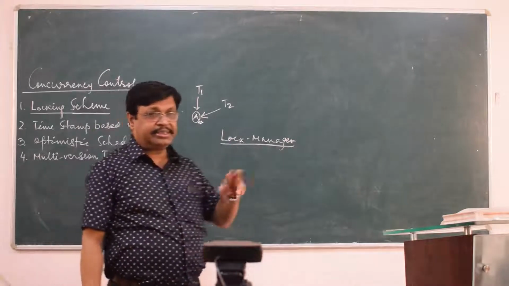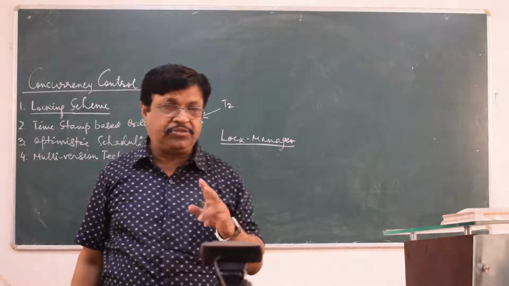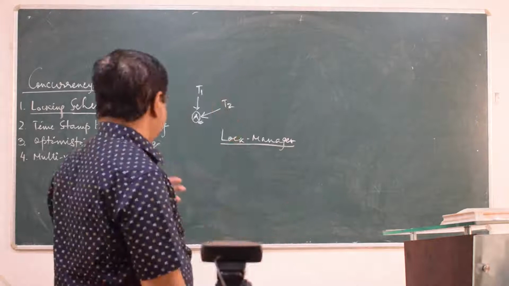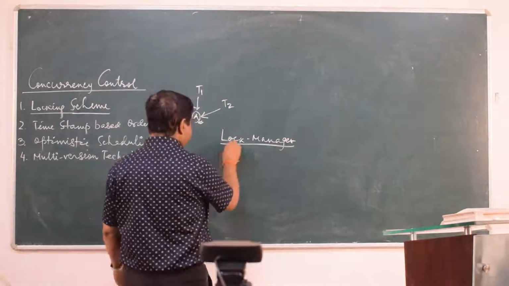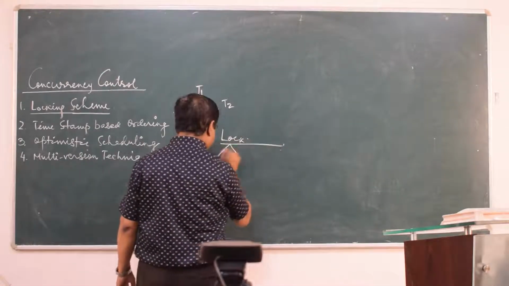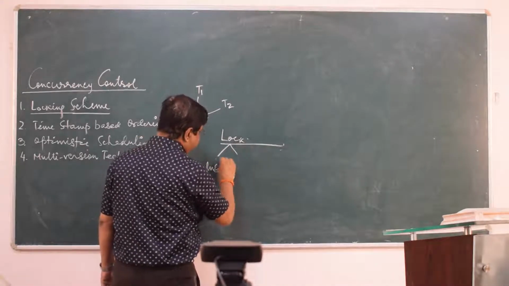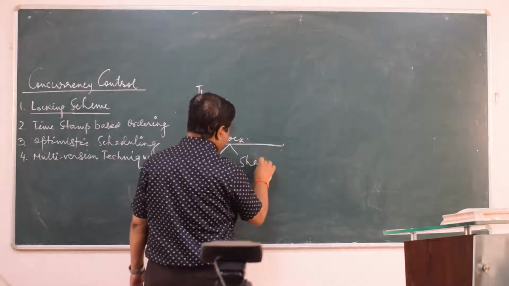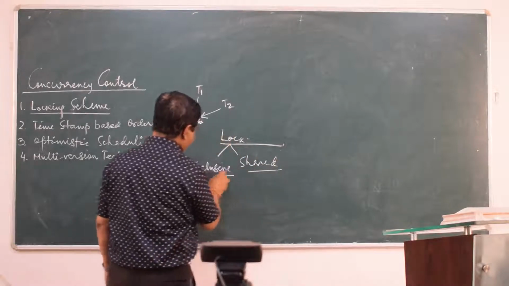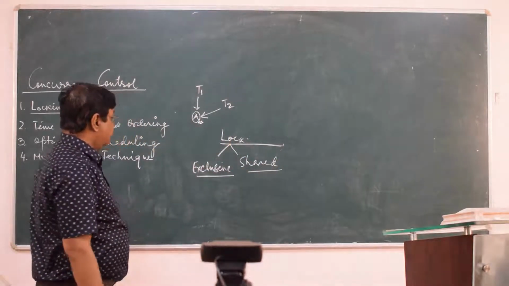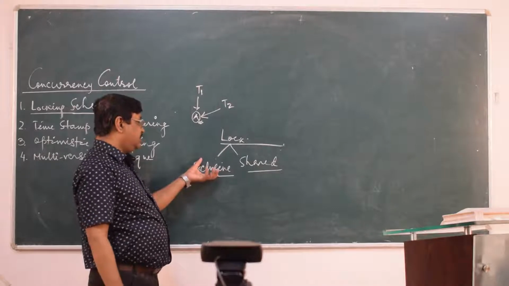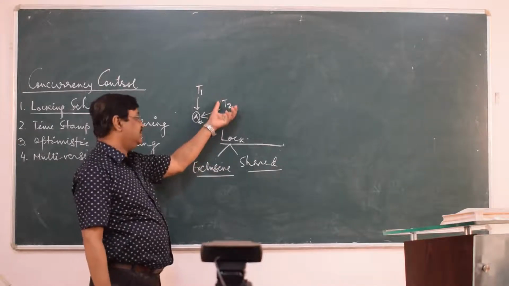The locking mode is in two forms. One is exclusive lock, another one is shared lock. So if it is locked in exclusive mode, then T2 will have to wait.